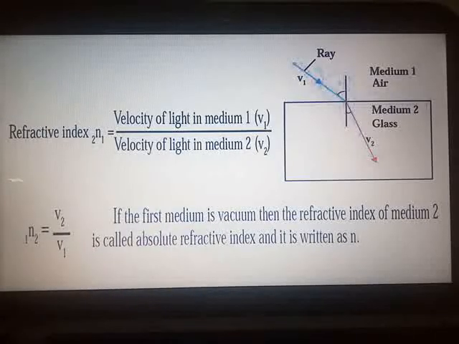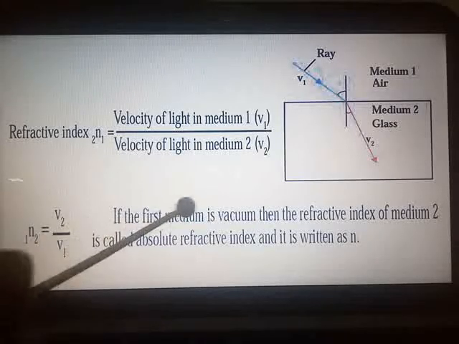And similarly, the refractive index of medium 1 with respect to medium 2 will be V2 upon V1. So, the refractive index of the first medium with respect to the second medium is velocity of light in the second medium upon velocity of light in the first medium.